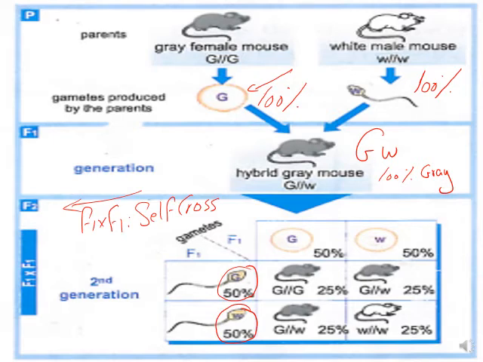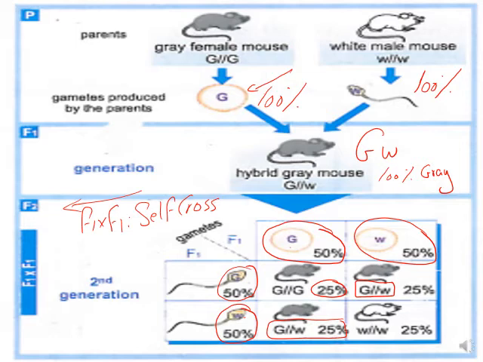Whereas in the females, G represents 50% also, and W represents 50%. This is called the table of cross. So G times G gives 50 times 50 divided by 100, so it gives 25%. G times W gives GW 25%. G times W again gives GW 25%, and WW 25%.